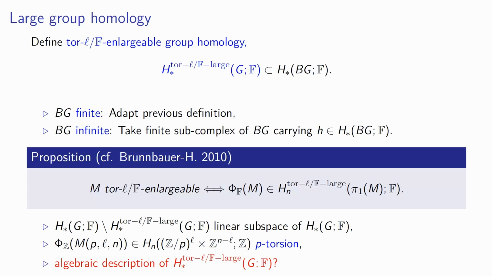But from a conceptual point of view, we saw that this group homology is defined by a purely algebraic process, writing down a resolution of G. So in the end, there should be some sort of characterization of those classes that share this metric property, but I don't see any direct connection between the metric considerations and the purely algebraic description of group homology. I do see a connection to the topological description using the classifying space BG and metric properties of simplicial complexes. Okay, so this is a question one might ask.